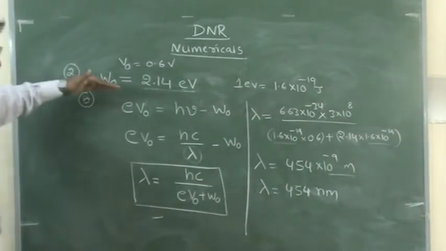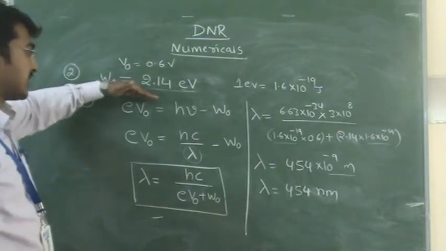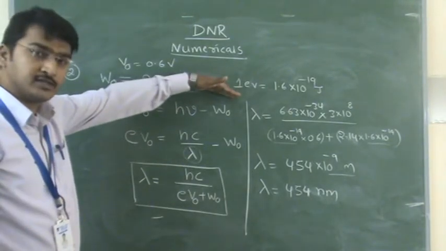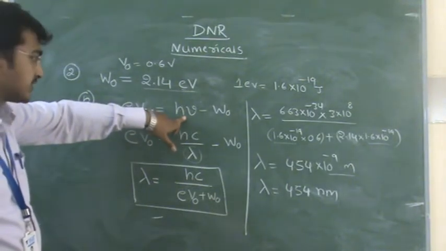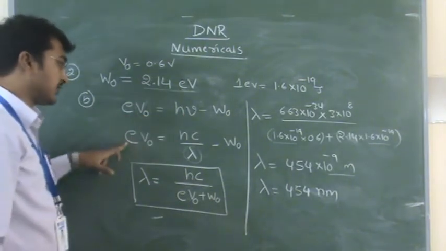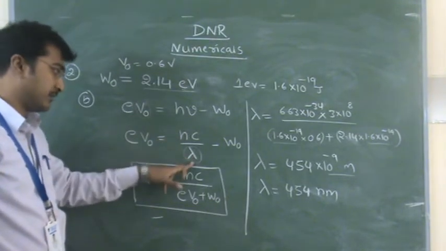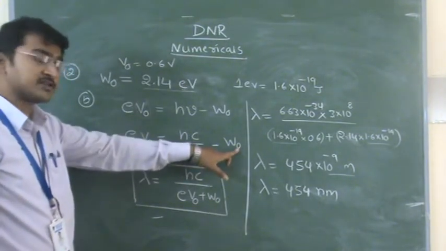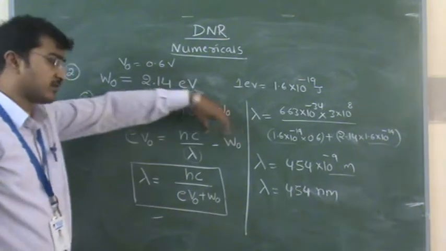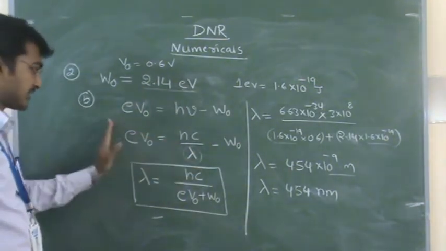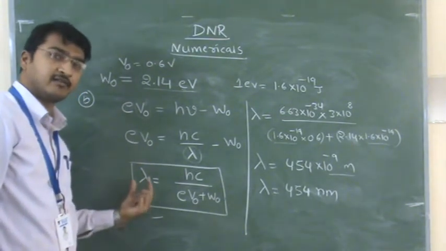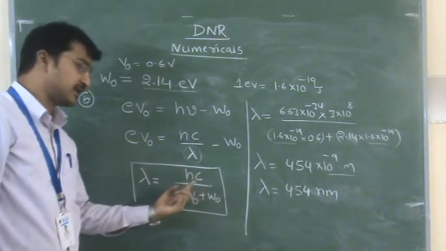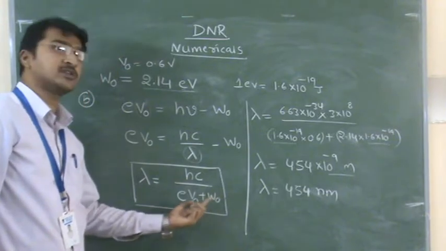Part B, step 1: eV naught is equal to h nu minus W naught. So we should find the lambda value of the incident radiation. eV naught is equal to hc divided by lambda minus the work function. If you take the work function to this side and lambda is replaced with this term, you will get the incident light wavelength equation as hc divided by eV naught plus W naught.